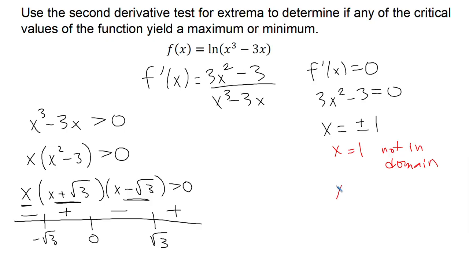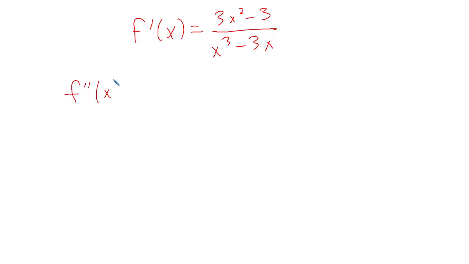But I do need to worry about the value x equals -1. So what we need to do is find our second derivative here and just evaluate it at -1. So our first derivative, I'll rewrite it, was 3x squared minus 3 over x cubed minus 3x. So to find the second derivative, we'll just use the quotient rule.